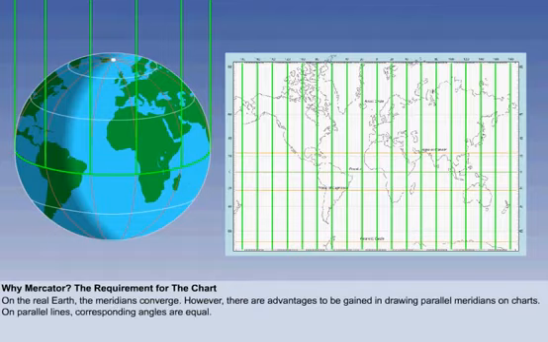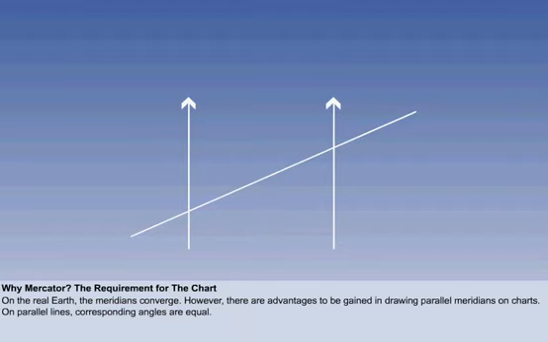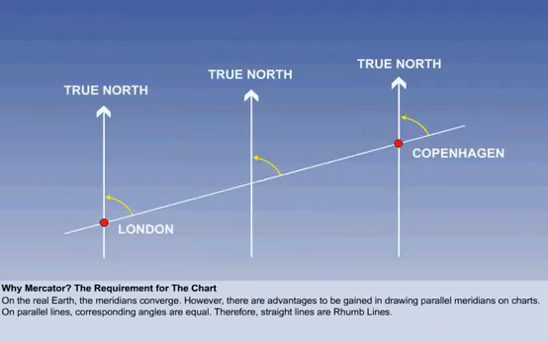Euclid showed, over 2,300 years ago, that where parallel lines are crossed by a straight line, the corresponding angles have to be the same. Therefore, if a chart is drawn with parallel meridians, joining the departure and destination points by a straight line track gives a constant track direction. In other words, a rhumb line track.